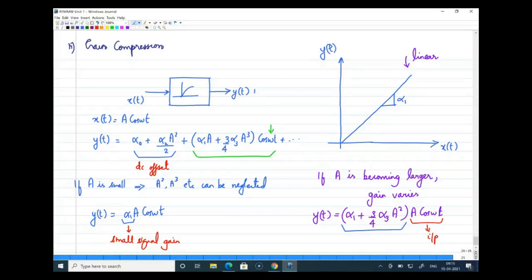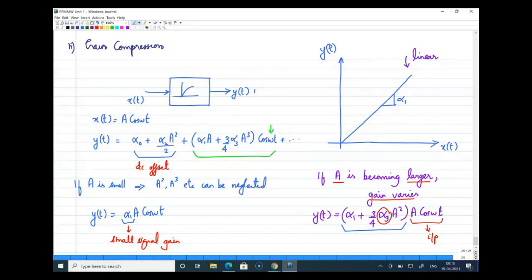Anyone else, any other answers? So, A is becoming larger, your gain will vary. Very good, Mino. Yes, it depends on the terms alpha 1 and alpha 3, or I would say it depends on the term alpha 3 here, right? Yes, I'm getting answers, Shreyas. Thank you.